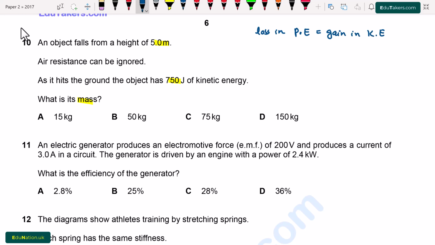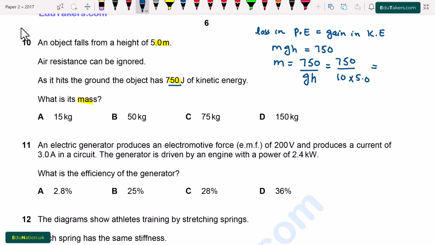The value of the kinetic energy is given, 750 joule, and we know that potential energy is mgh. Here I write 750. Then we have to find out the value of mass. Mass will be equal to 750 divided by g and h. It will be 750 and the value of g is 10 meter per second square, where the height is given 5.0 meter.